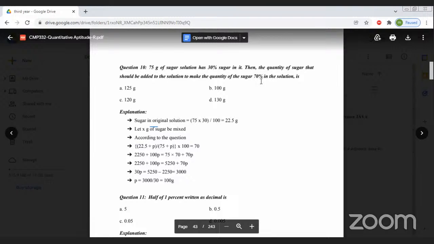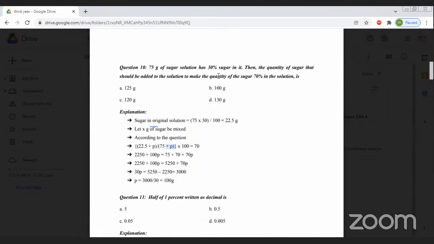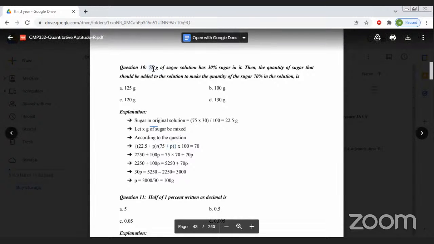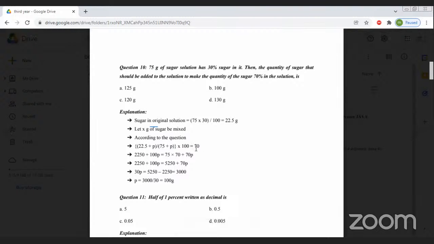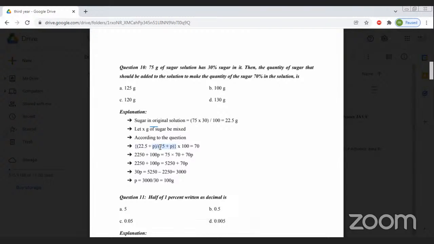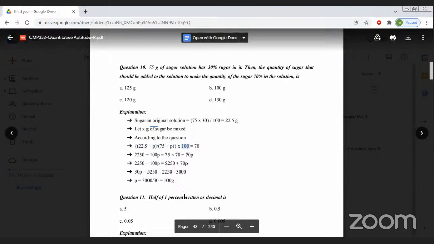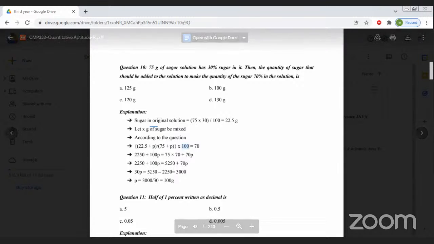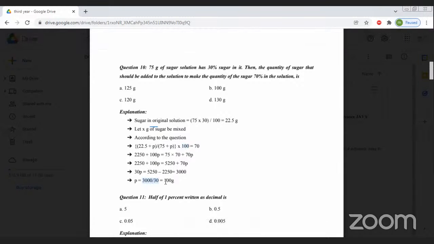The part of sugar which we have to add. Upon 75, that is the original solution, plus P, into 100. P, this was the increase part upon the original part, into 100 equals 70. When you solve this question, the answer you are going to get for P will be 100 gram.